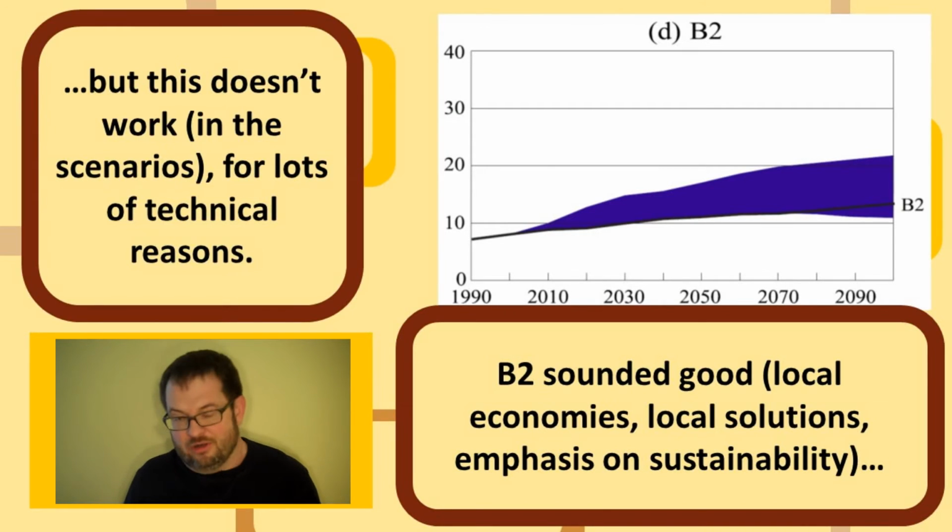But look, it doesn't work. When you actually work in a scientific, interdisciplinary way on these local solutions, they don't really work. The reasons why are kind of technical and beyond the scope of this class. We're not trying to dive into social policies.